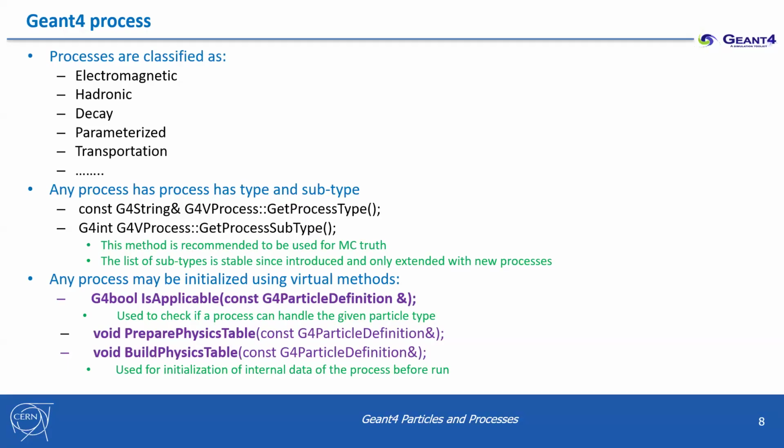For example, physics values may, after tables are prepared, be downloaded from disk and not recomputed. And build physics table is next call, which is called for all physics processes at initialization. It is assumed that after build physics table, each process is ready for work.